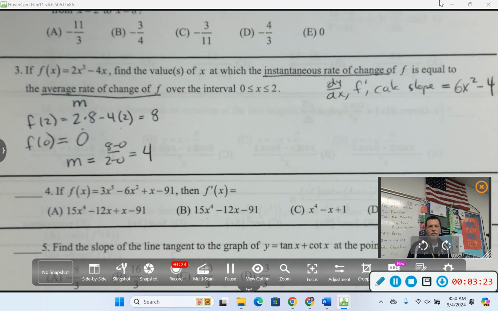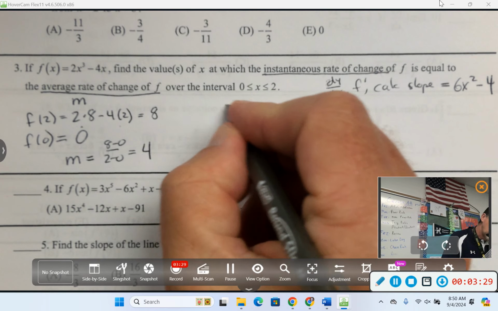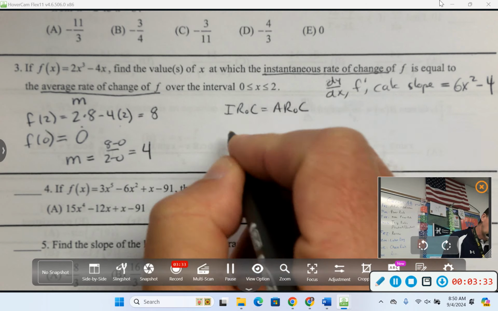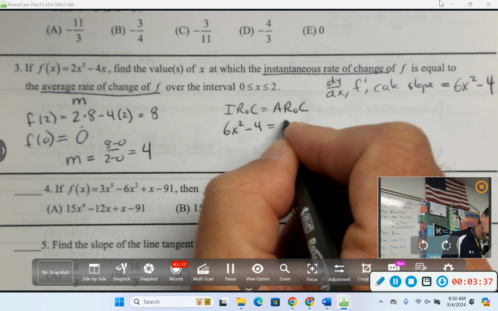So the question is, where does the instantaneous rate of change equal the average rate of change? So where does 6x squared minus 4 equal 4?